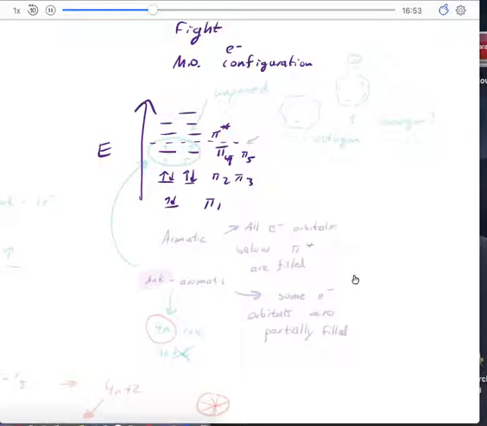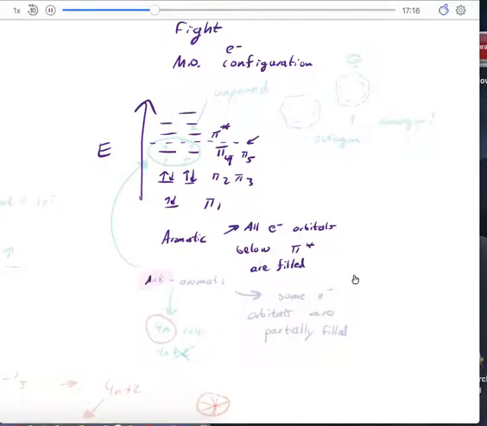So the aromatic compounds have all electron orbitals below anti-bonding, this line right here, filled.